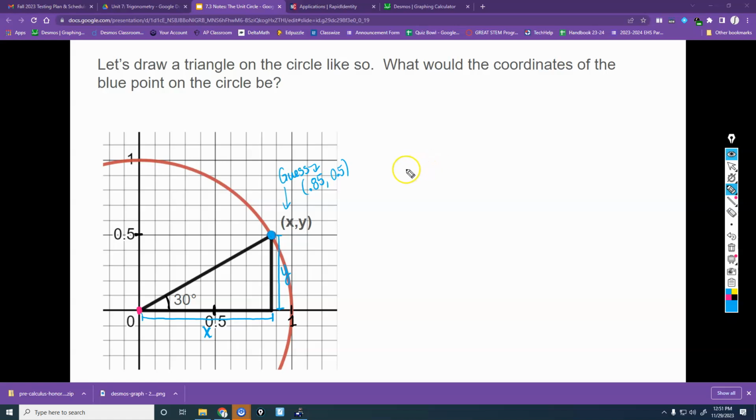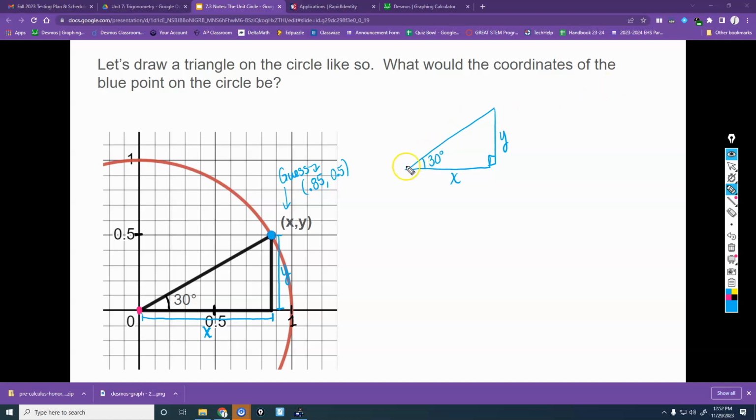So if I pull this triangle off, and we're just looking at the triangle so we don't get too caught up in everything here, I know this side is x, this side is y. I know this angle right here is 30 degrees. Now, as it is right there, I can't do anything because I don't know the length of any of the sides. But there is one side that we can know the length of, and that is our hypotenuse.